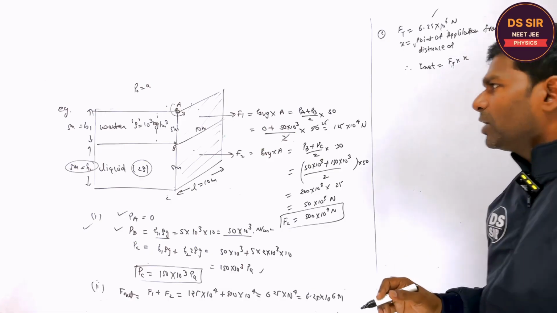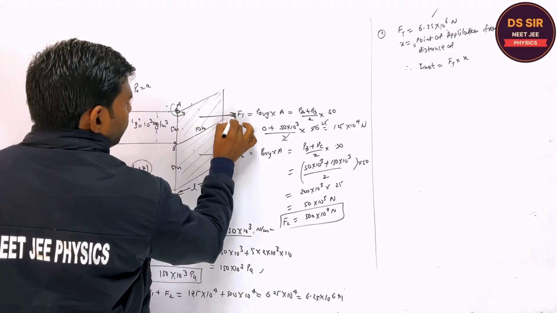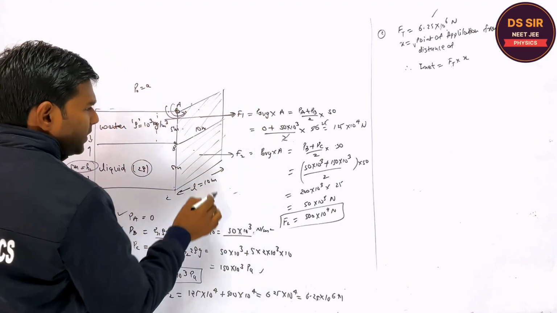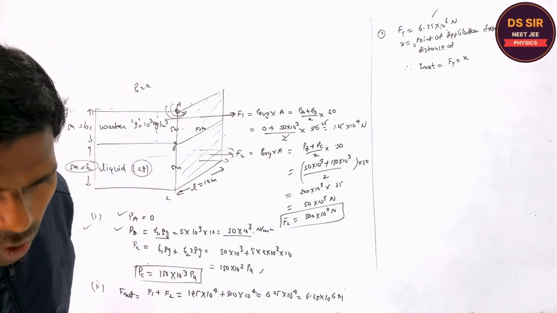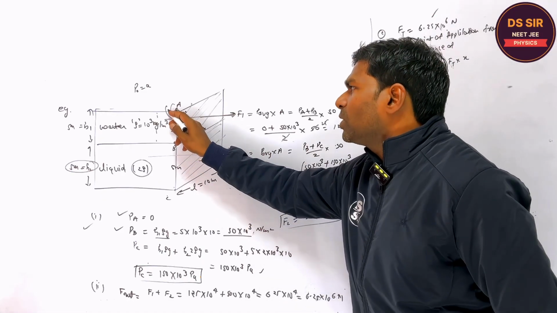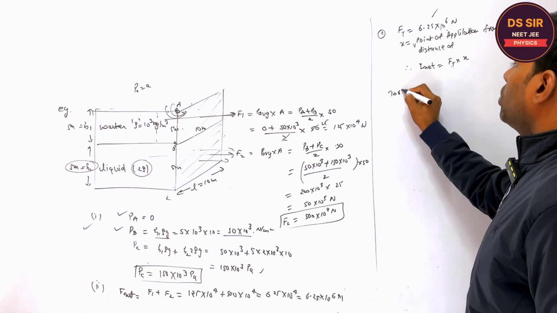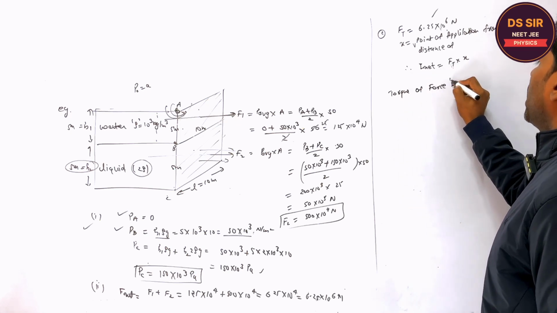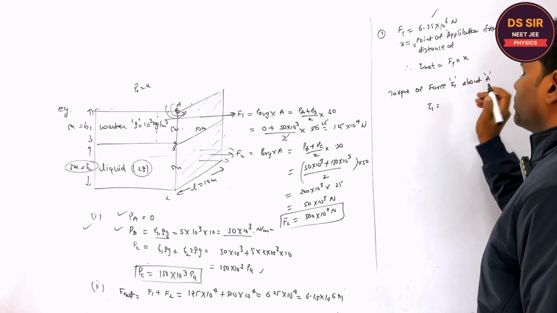So how to find the net torque? Listen, if you consider this part, the force F1 is acting, and you have to find the torque of this force about A. You also have to find the torque of the other force. To find the torque, you have to integrate. First, consider the height h: the torque of force F1 about A. What is the torque tau 1?